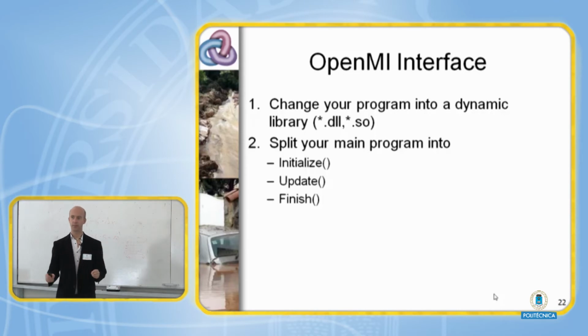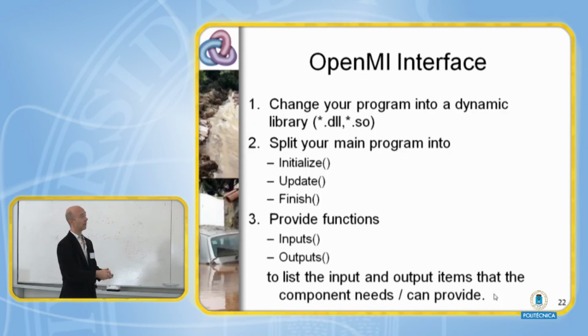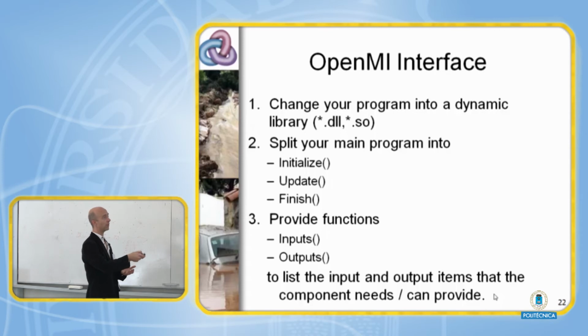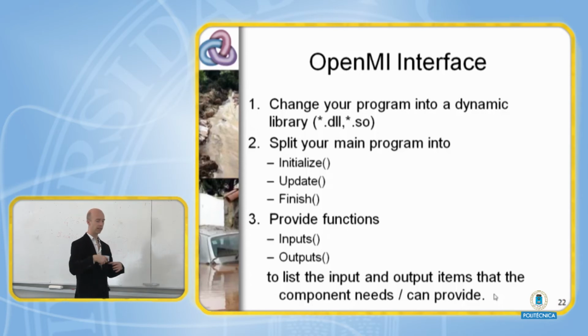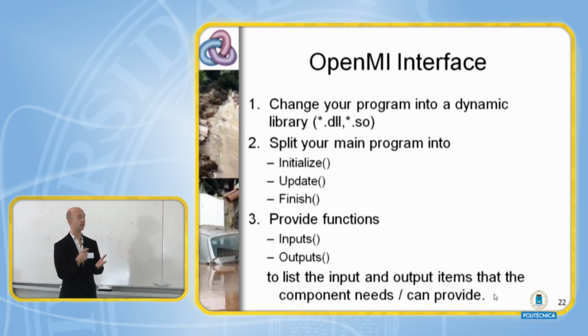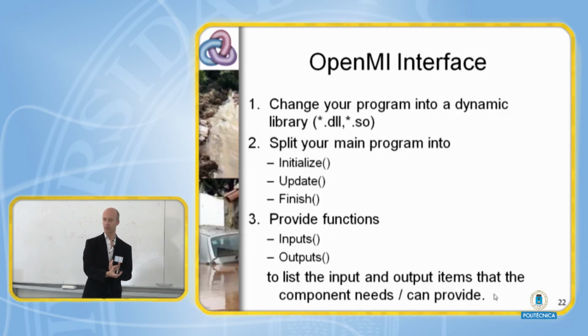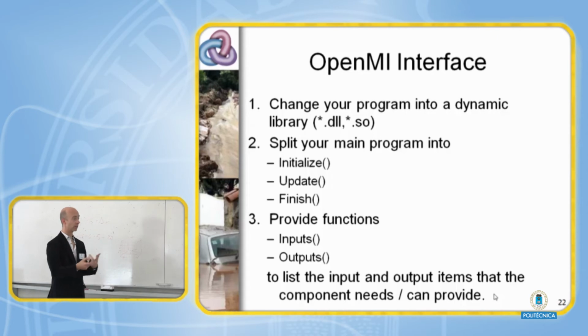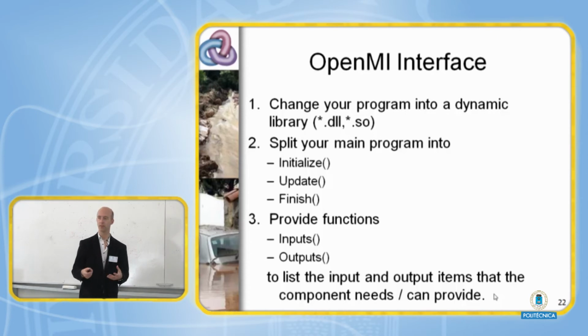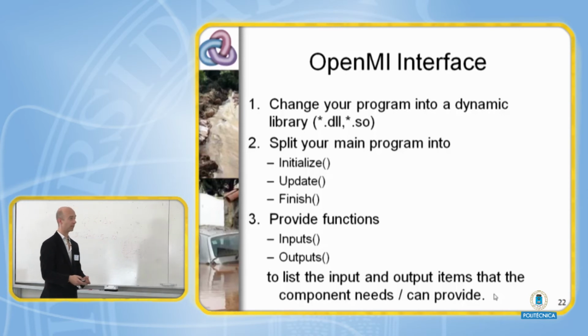Then a model can be instantiated, it can be started, and then the next step is you query. So you do an initialize of the model, and then there need to be functions for inputs and outputs. After initialization, the main OpenMI environment can ask your component what are the quantities that you would like to receive from the environment, and what values can you provide back to the environment. So you need to provide a list of quantities, units, and spatial locations where you can provide data or need data.